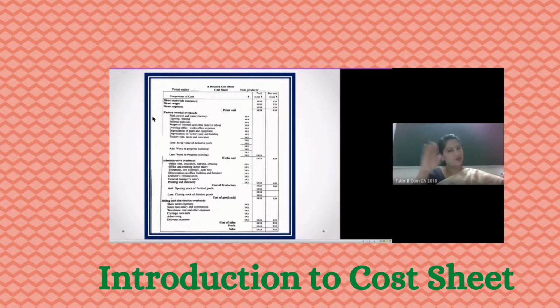It is the same principle we use when we are preparing the trading and profit and loss account. The same concept here: all that has some connection with the production process will be brought under factory overhead, and other expenses will be brought under administrative overhead.